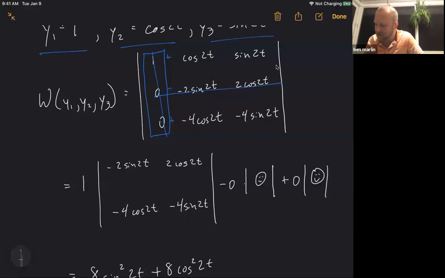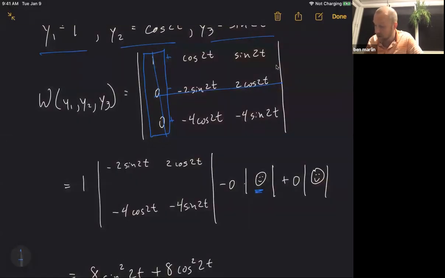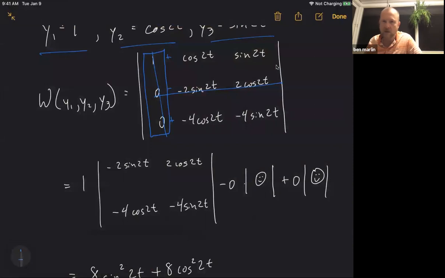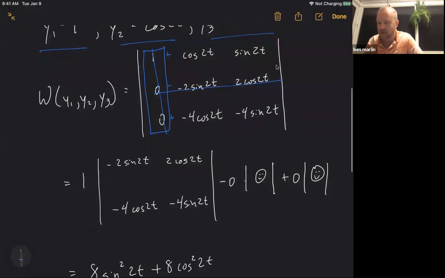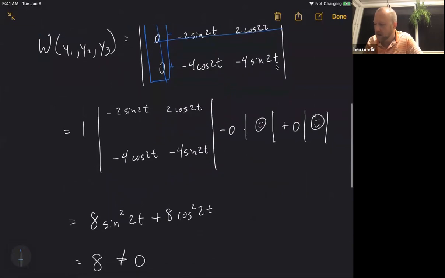So who cares? That's why I drew a little smiley face here. And I have no idea why I did that. All right. So that's why we try to pick columns or rows with lots of zeros in them. That means we don't have to actually even do these calculations here.